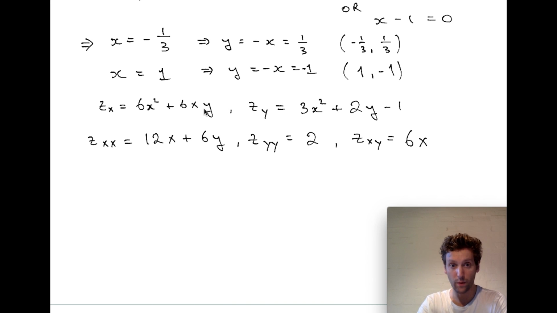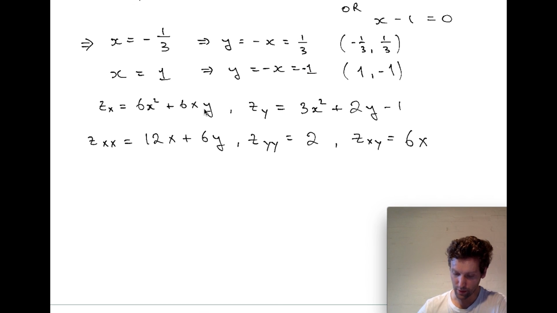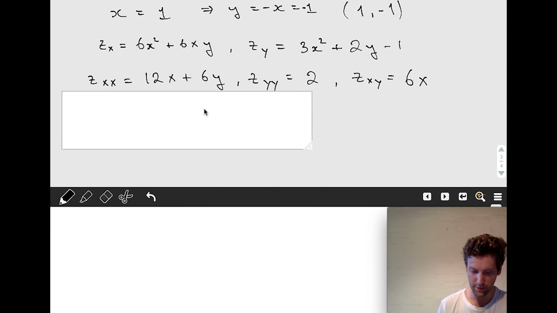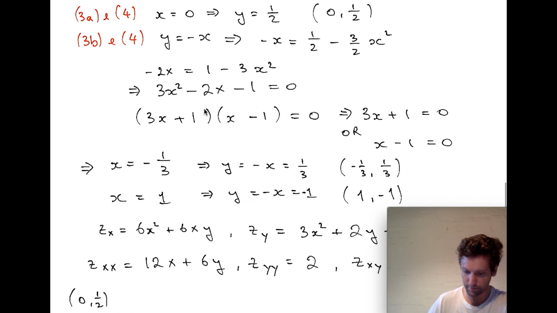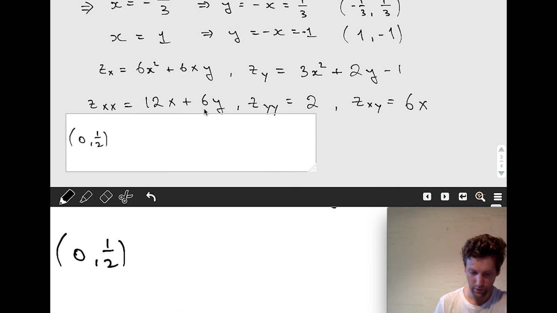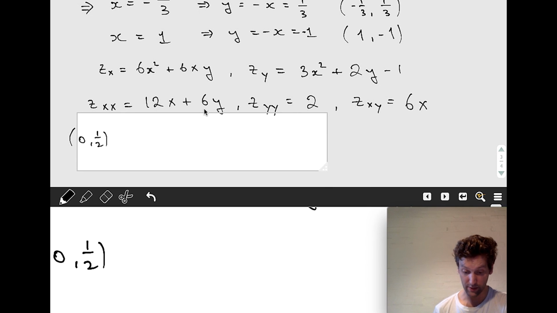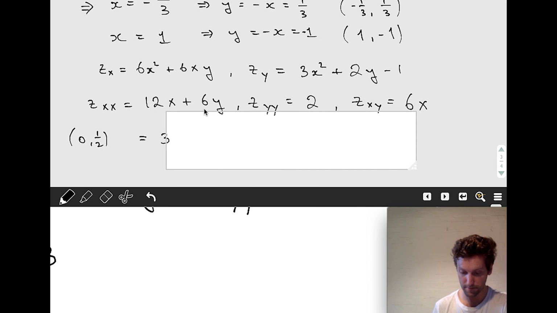Let's now calculate what those are for our different points. So the first point that we had was (0, 1/2). Substituting x is equal to 0 and y is equal to 1/2 here, we get that the second derivative with respect to x is equal to 0 plus 6 divided by 2, which is 3.